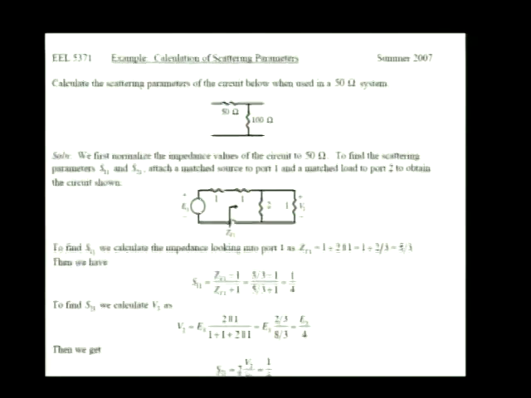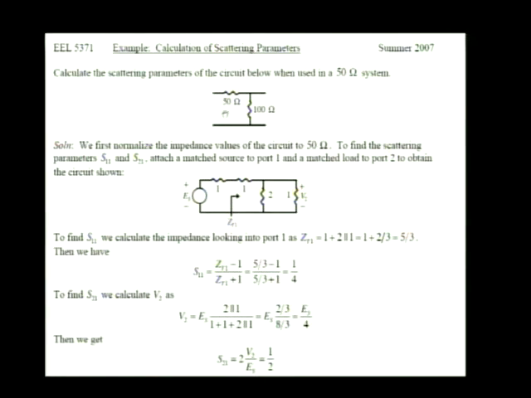Note that S11 has a value of 1/4 and S22 has a value of 0. But S21, the forward transducer gain, is 1/4. S12, the backward transducer gain, was also equal to 1/4.